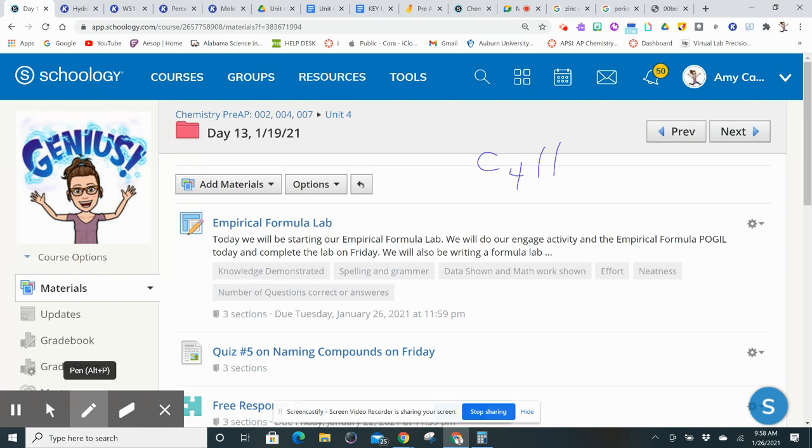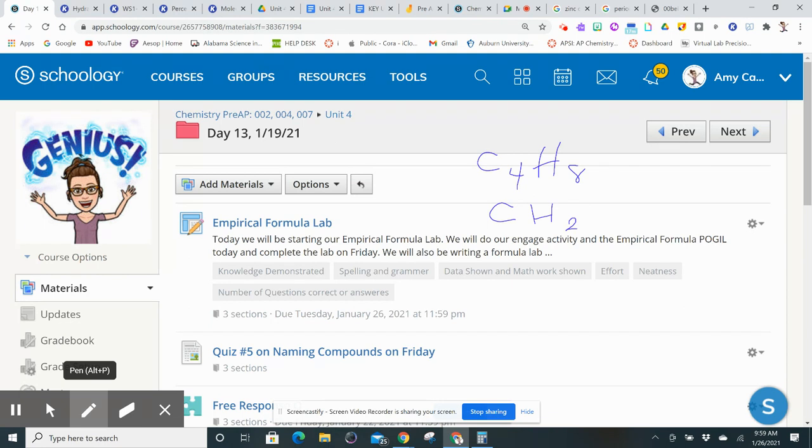If I have C4H8, that's my molecular formula. I have 4 carbons and 8 hydrogens. What would be my empirical formula? What would be the smallest whole number ratio of 4 to 8? 1 to 2. So my empirical formula would be CH2.